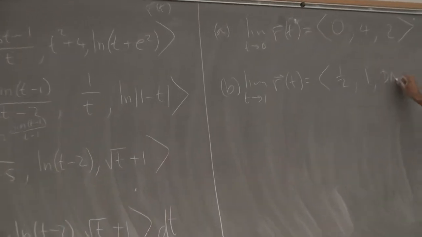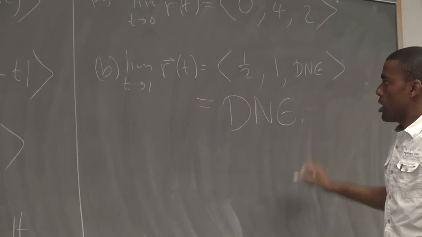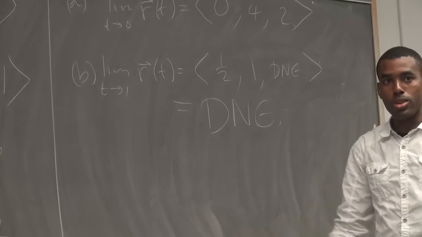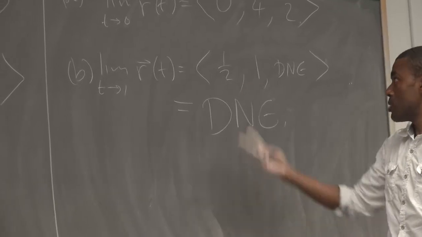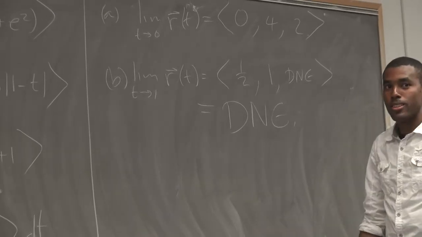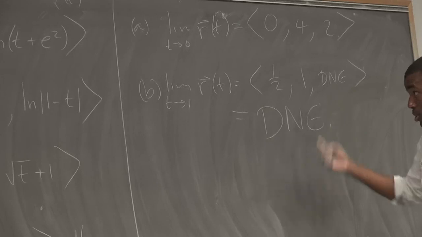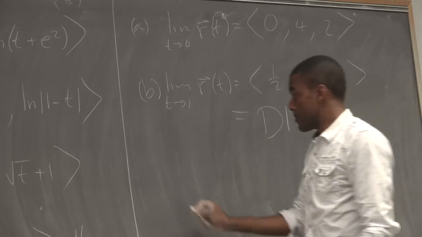Does not exist. Can't get the log of 0. So overall, the limit here does not exist. Right? If one component messes up, everyone gets messed up. So these two are defined there, but the third component, where's the z? I don't know where he went. Got drunk, wandered off somewhere. Can't get the party together. So does not exist.